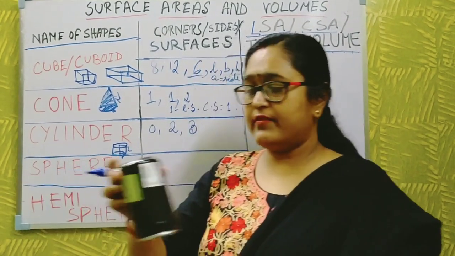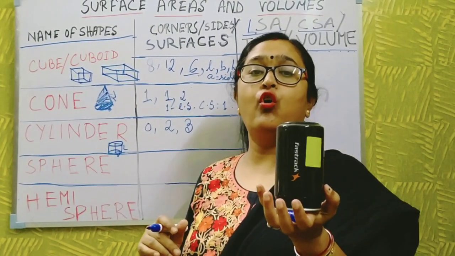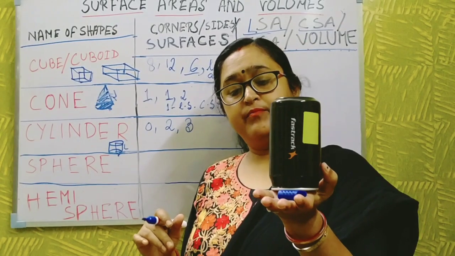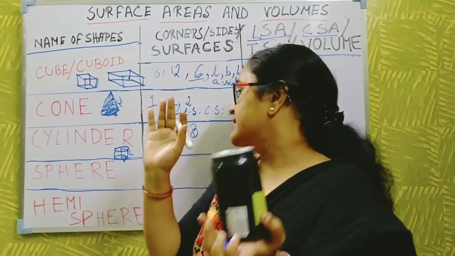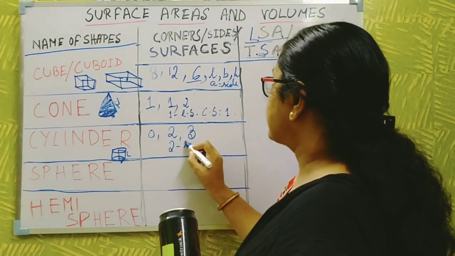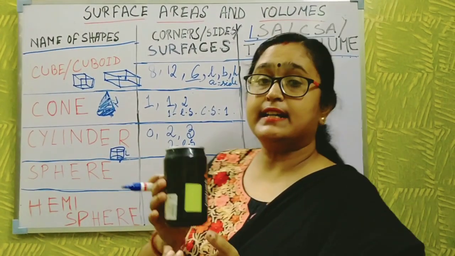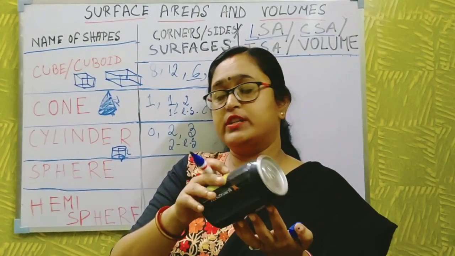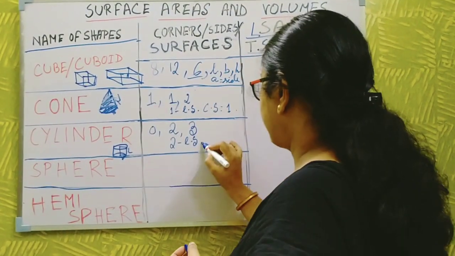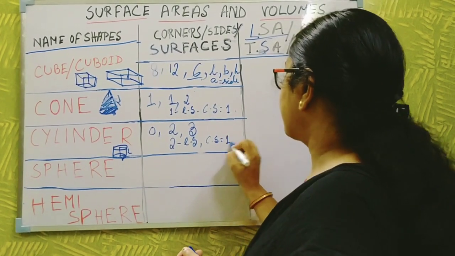The lateral surface is where you can hold the cylinder properly, 1 and 2. These are the 2 lateral surfaces. And the curved surface is the surface that can roll. Here is one curved surface.